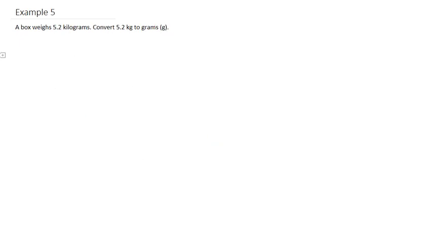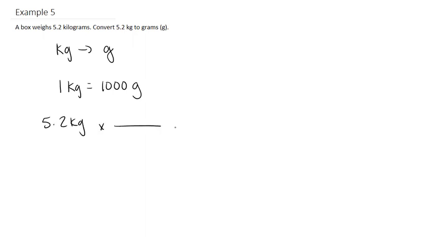Example 5. A box weighs 5.2 kilograms. Convert 5.2 kilograms to grams. So we need to go from kilograms to grams. Now, we know that 1 kilogram is equal to 1,000 grams. This means that we can go 5.2 kilograms, and we need to get rid of kilograms, so we put 1 kilogram on the bottom and 1,000 grams on the top.